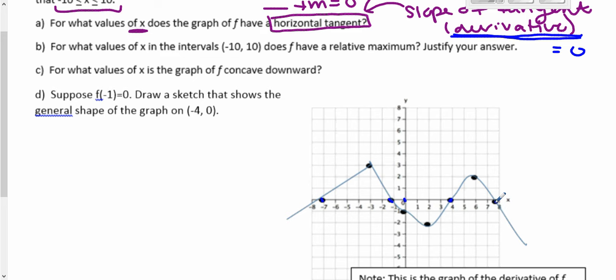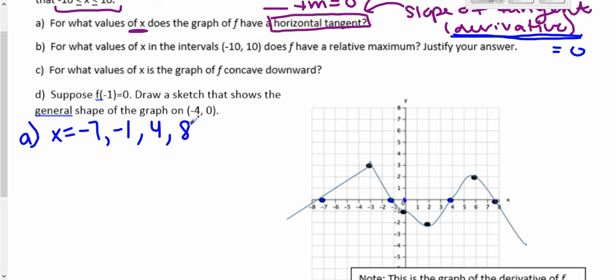So for A, we can say what values of x? x equals -7, -1, 4, and 8. So what values of x does the graph of f have a horizontal tangent?